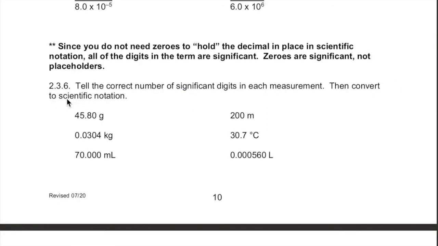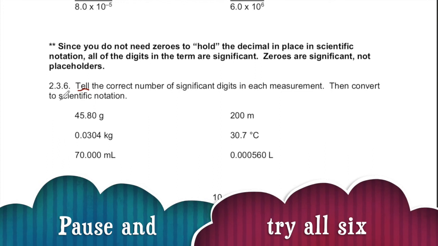When we do these conversions back and forth to scientific notation, we have to make sure that we are keeping the correct number of significant digits. So let's go ahead and tell the correct number of significant digits and convert it to scientific notation correctly. I'll go ahead and do all of these.